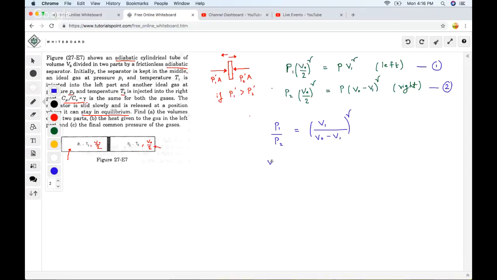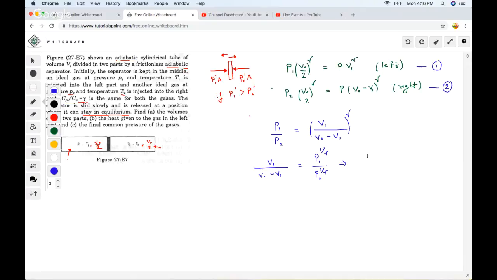So V1 divided by V naught minus V1 will be equal to P1 raised to power 1 by gamma divided by P2 raised to power 1 by gamma.